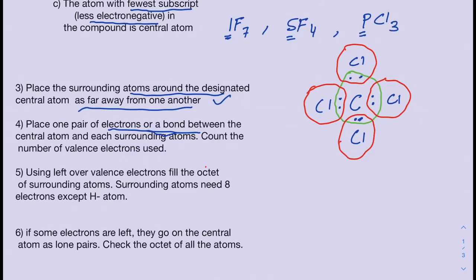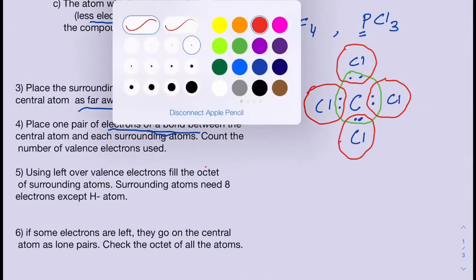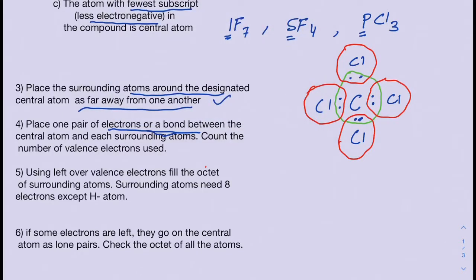Now, for the most part, you don't really draw the electrons between the atoms. You actually draw a bond. Okay, so drawing a bond or putting 2 electrons between the 2 atoms is the same thing. So from now on, what we're going to be doing, we are actually going to be drawing those shared electrons between the atoms in the form of the bond.